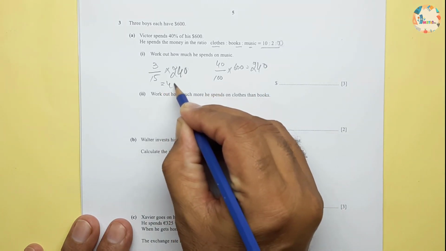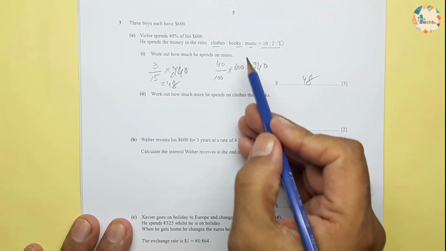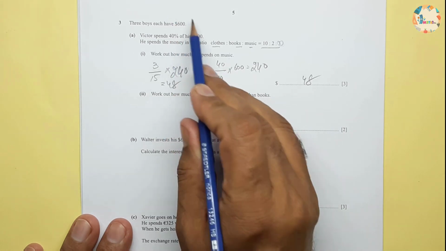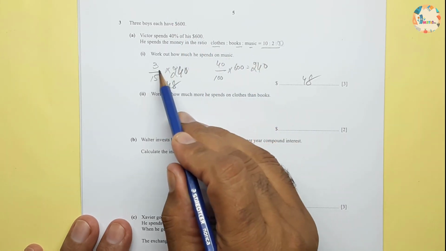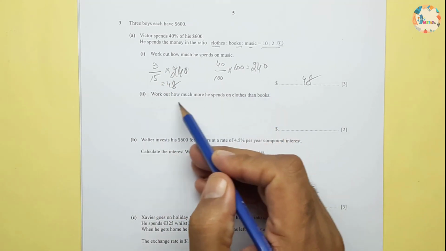So this will be our answer. First we will be calculating the amount he spent, which is 40% of the total amount, and after calculating this one we will calculate 3 by 15 of the spent amount.